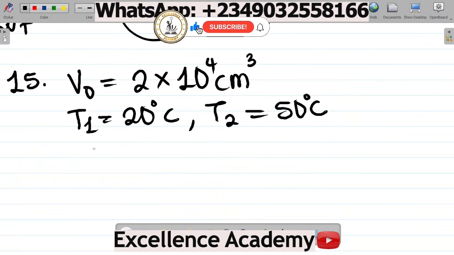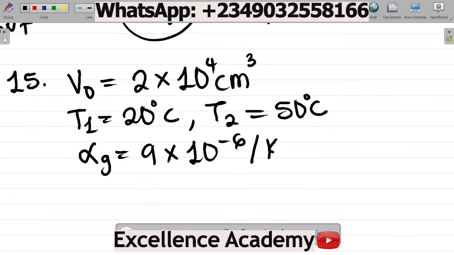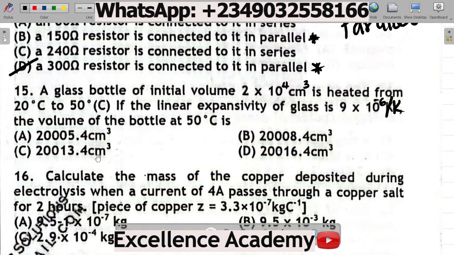So linear expansivity is alpha for glass. Let's use alpha G is equal to 9 times 10 to the power minus 6, of course, per Kelvin. What else? Find the volume of the bottle at this. What they ask you to find is the final volume.